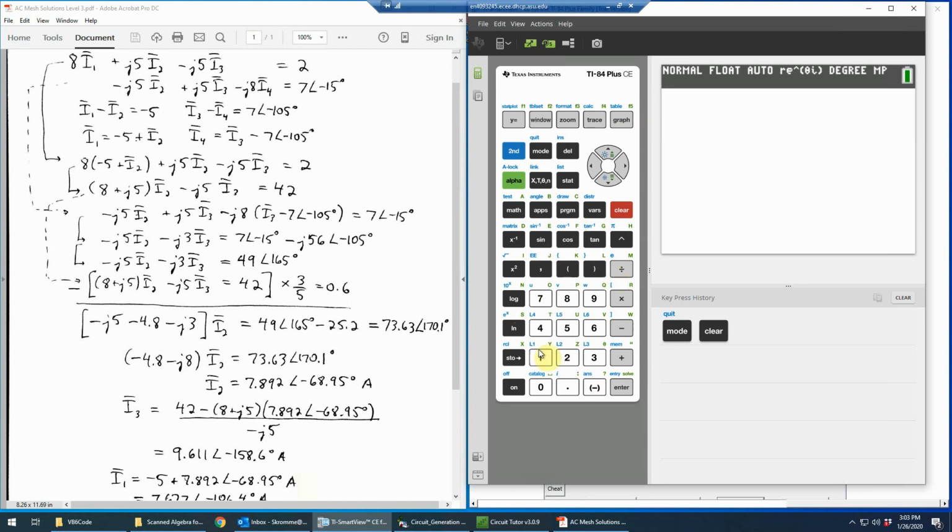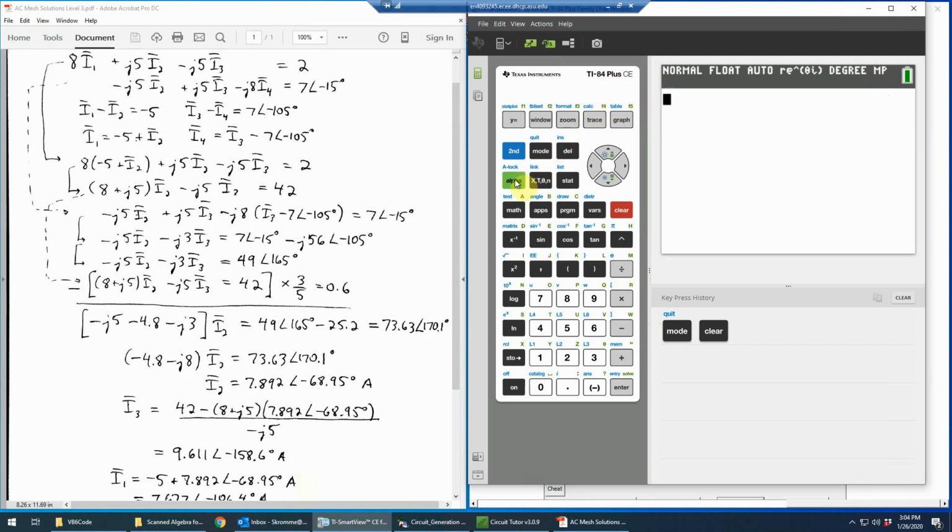Because remember that this calculator, or like a TI-83 or 84 for that matter, have the quirk that they will not accept the arguments of complex exponentials in degrees, even when you're in the degree mode, which seems rather strange. And again, it's just kind of a flaw in the design of this calculator, if you will, or a quirk anyway. And the TI-89 doesn't have that issue, so you wouldn't probably need to do that on an 89, but in this model you do.